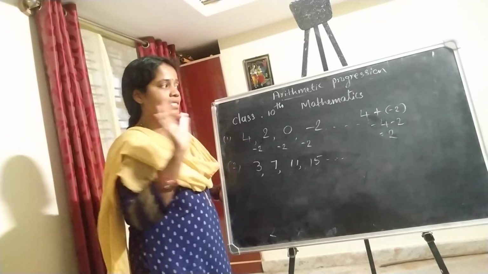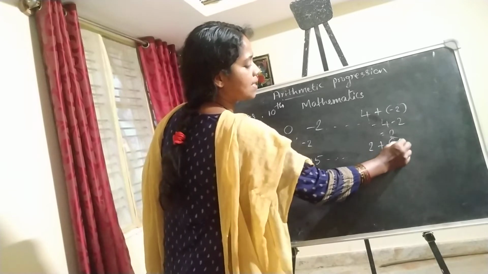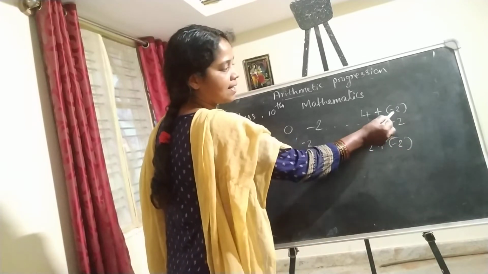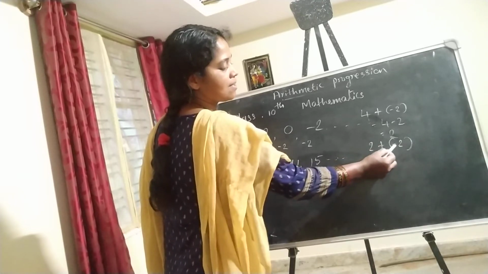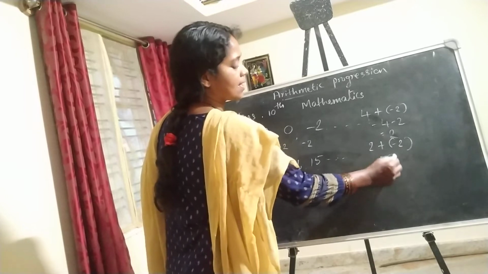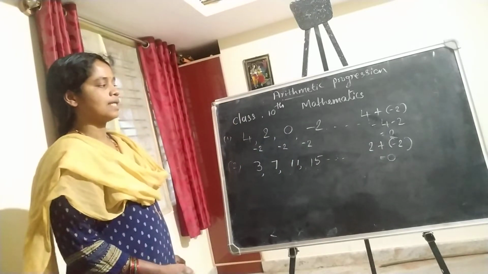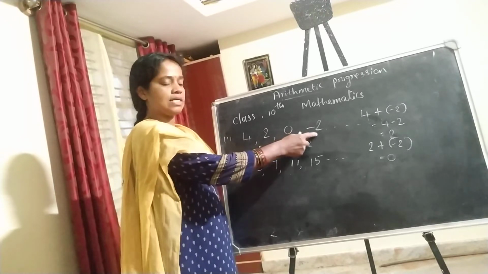The same procedure I did for the next term also: 2 plus of minus 2, that gives 0. Again 0 plus of minus 2 is minus 2.